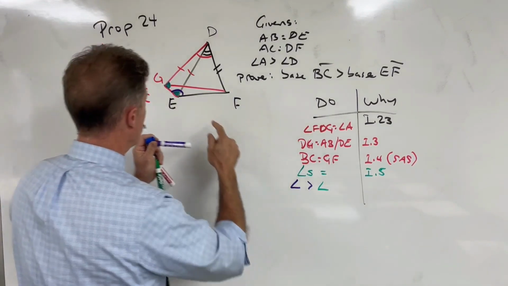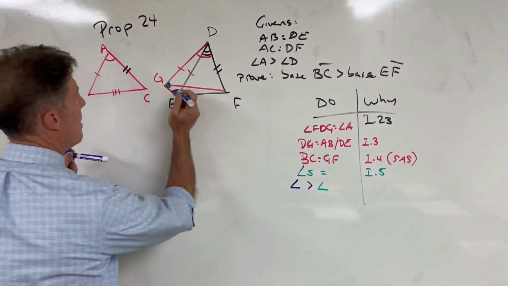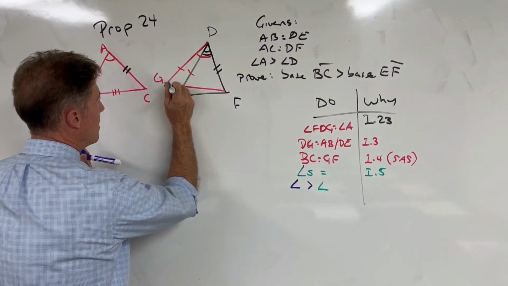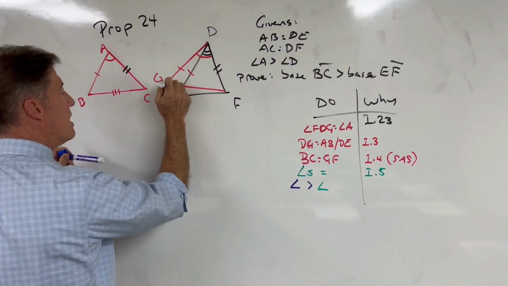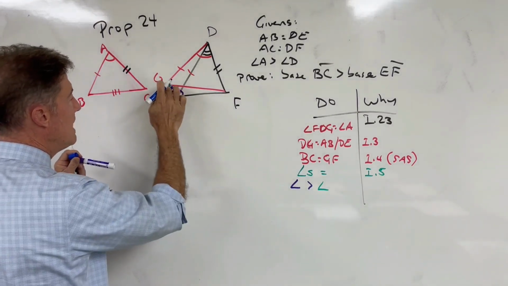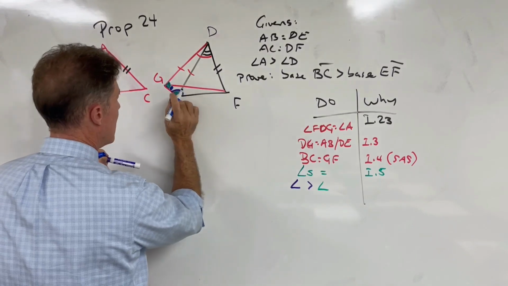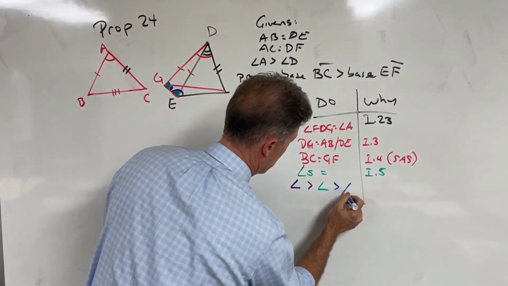And that's common notion 5. And we can also note that this angle here in blue is only a part of this angle here in green. Therefore, the green angle would be greater than the blue. And since these two greens are equal, we can say that the green angle is greater than the blue angle.